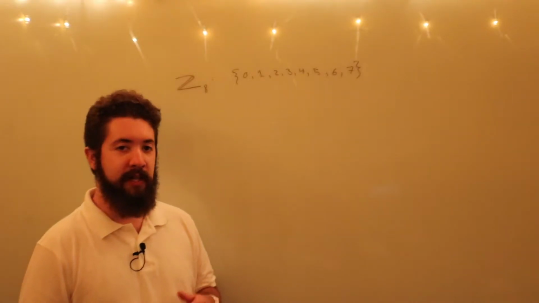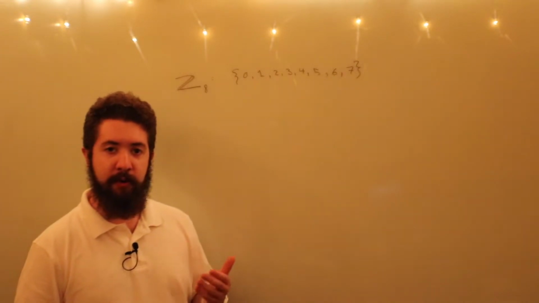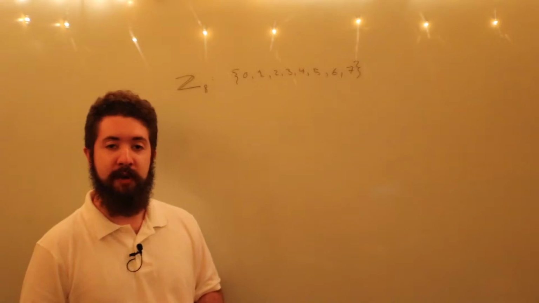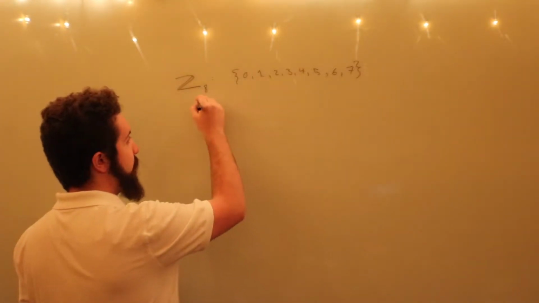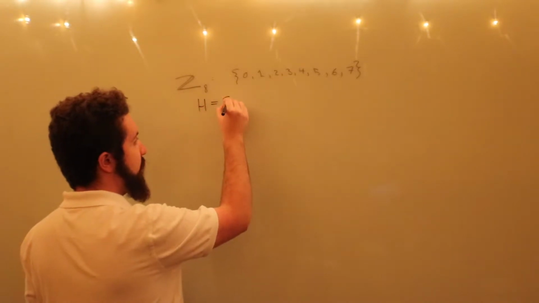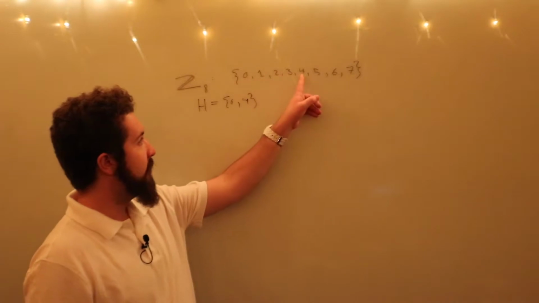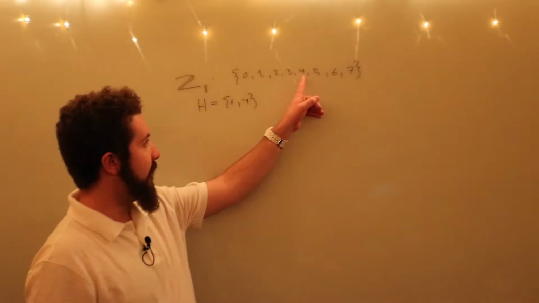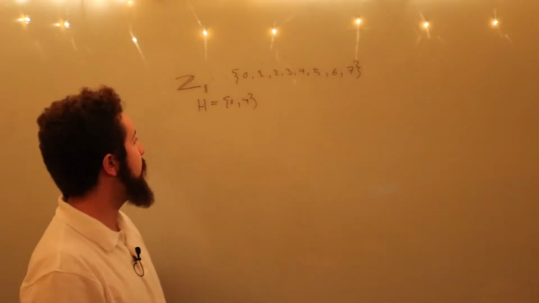Alright, let's start by looking at a group we're pretty familiar with by now, namely Z8, so the integers under addition modulo 8. And then let's look at the subgroup, which I'm going to call H, equals {0, 4}, right? They form a subgroup, with just that element being idempotent. 4 plus 4 is 8, mod 8 is 0.